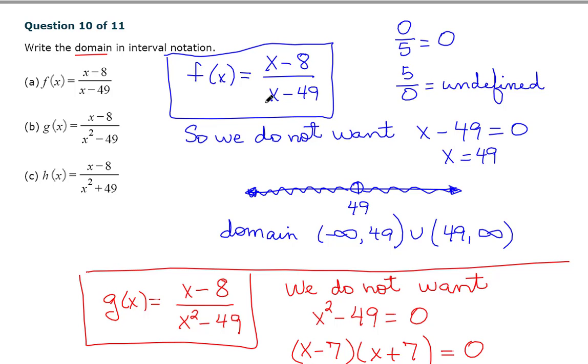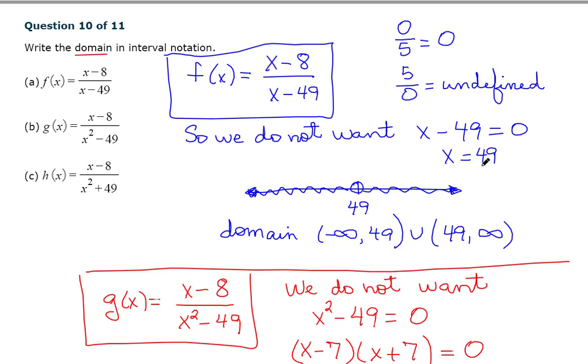So in this problem, I don't want the bottom to be 0. Well, let's see, when would that happen? x minus 49 is 0. If I solve that, I get x is 49. So if I used the input of 49, my function would be undefined. Therefore, I need to remove that point.